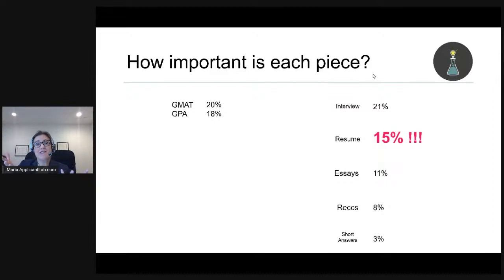So the essays are almost floating conceptually in space without the resume to anchor them and to give the reader a very concrete idea of where your career has been so far. So the resume tells them a lot about what you've done and how you've done it, and then the essays allow you to go into more detail. The resume is usually the first document that most MBA admissions committees look at. So hopefully I've been able to convince you that this is in fact a very important part of your application.